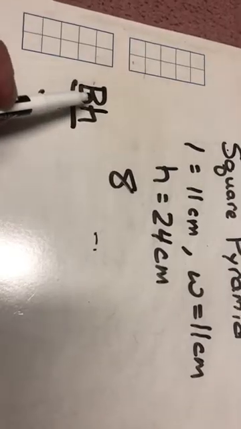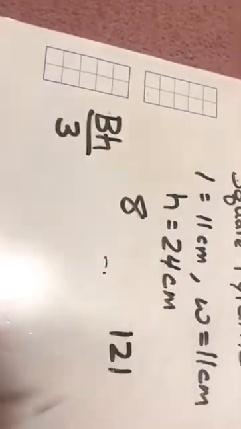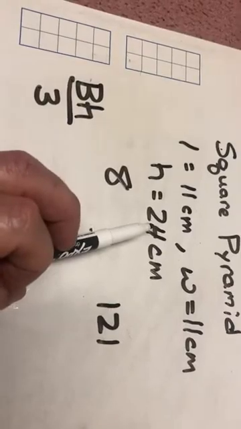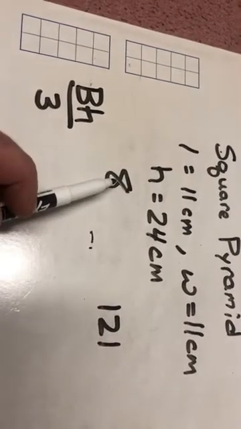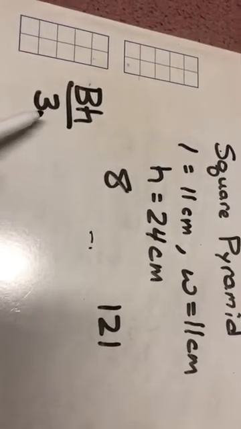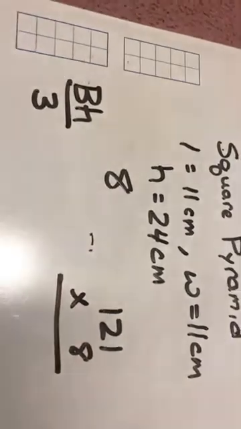So now at the end, I don't have to go back and divide. So now if I find the area of the base, which is going to be 11 times 11, I know that 11 times 11 is 121. And then if I multiply that by the height, that would be 24. But I'm not going to use 24. I'm going to use 8. Because I did 24 divided by 3. I did my division by 3 early. So I'm just going to do 121 times 8.